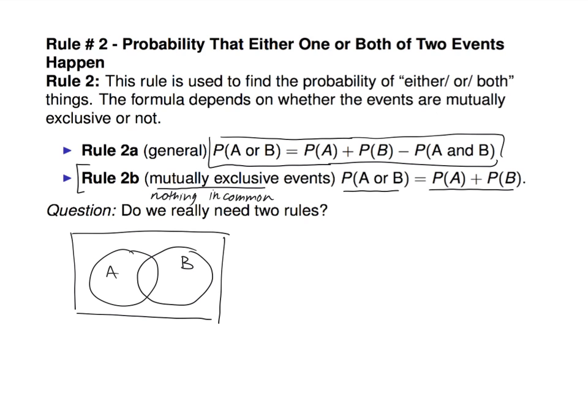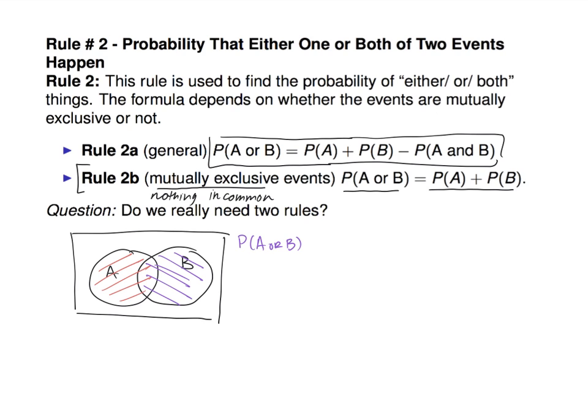And A and B is the stuff in both circles. Okay? So if you find P of A, that's this whole thing. If you find P of B, that's this whole thing. Does it make sense that P of A or B is like the area enclosed by both bubbles?